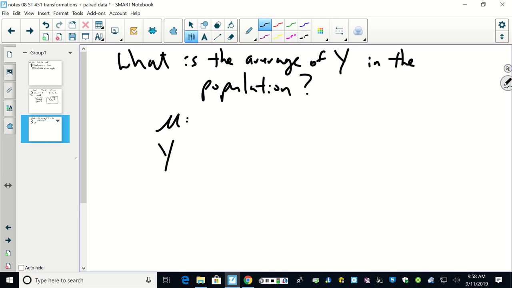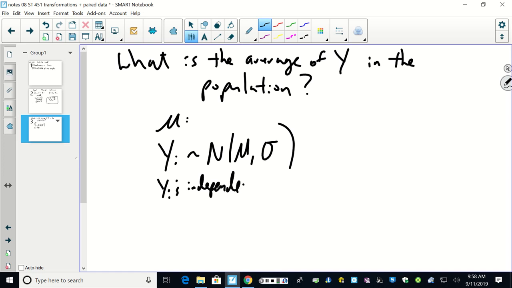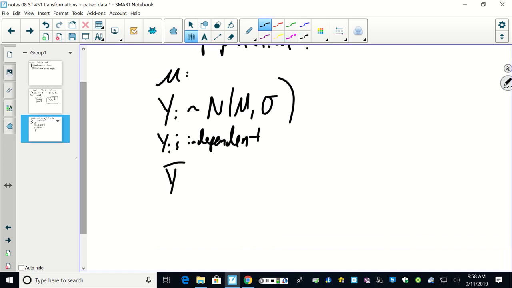If the yi's are distributed normally with some standard deviation, and the yi's are independent of one another, then the average is distributed as a normal random variable with mean mu, and the standard deviation is sigma over the square root of n, so it becomes more precise.